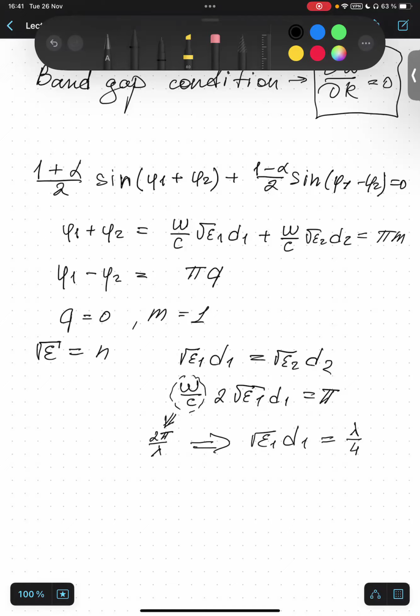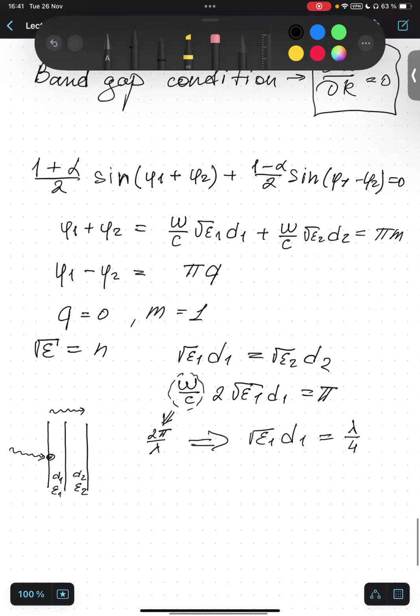So let's try to understand what happens here. We have the wave that travels into our periodic structure here. So the same d1 epsilon 1, d2 epsilon 2. At this point we have several waves that travel into the plus z direction.